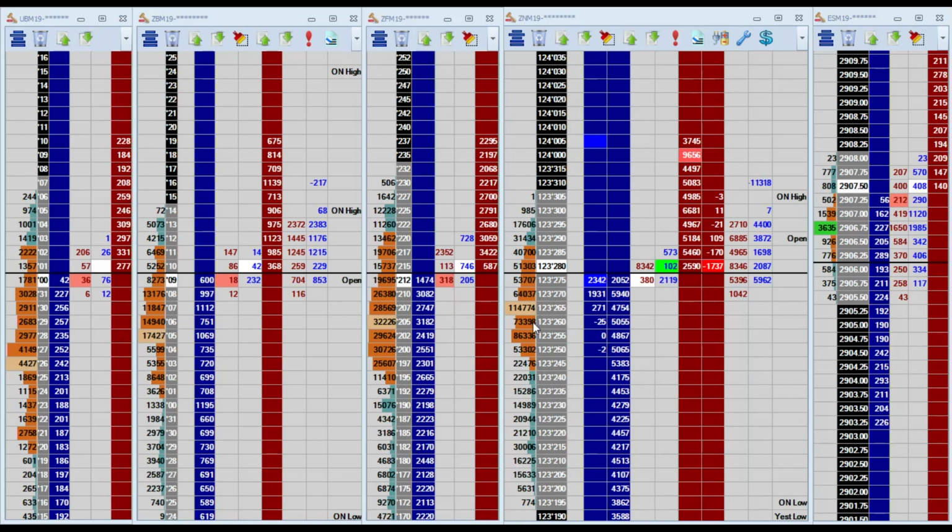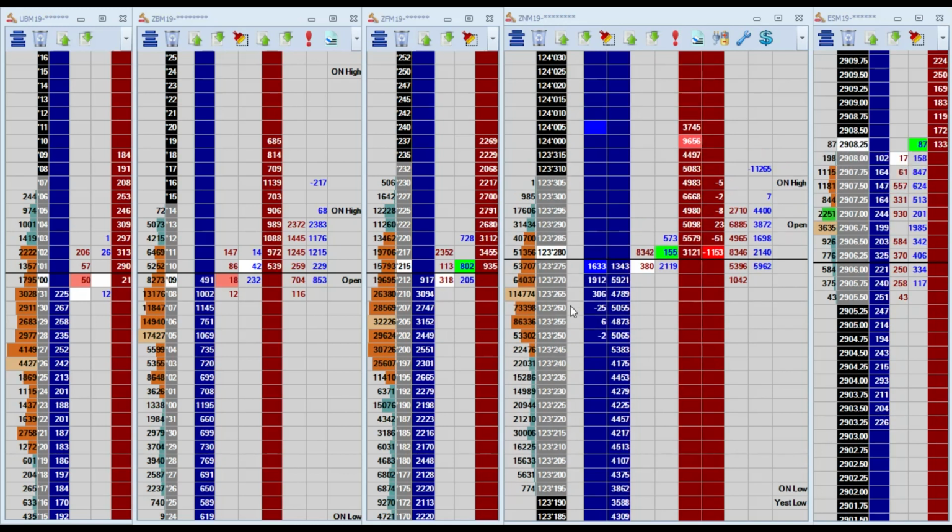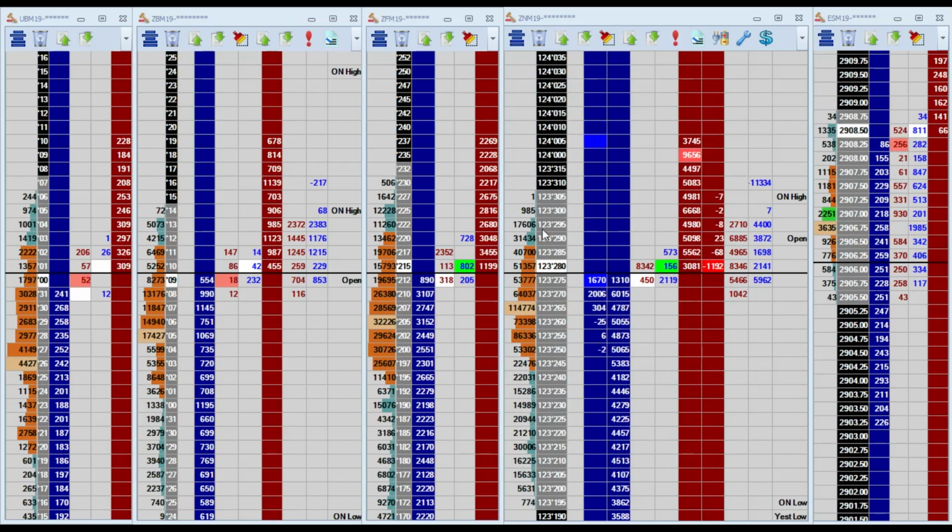Kind of went sideways pretty much all night till about European Open, and we sold down briefly and then got bought all the way back up, and just sort of been grinding higher ever since. And we just briefly touched almost close to the overnight high and then fell back in. Let's see, 19.5.